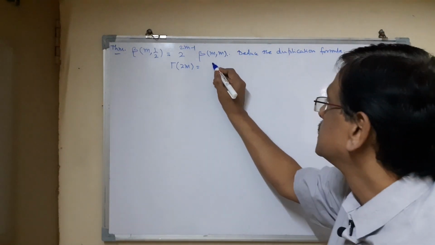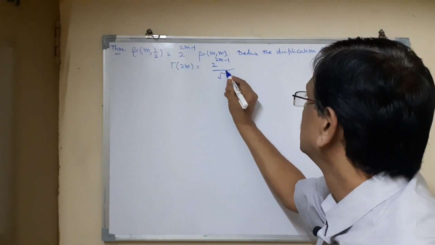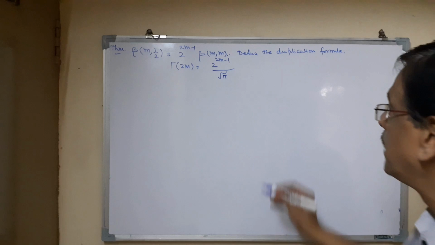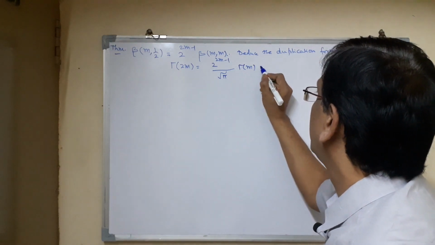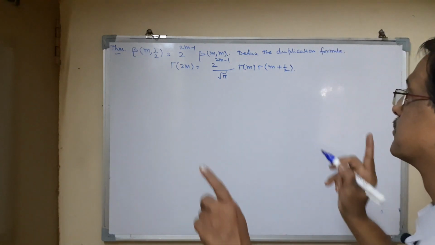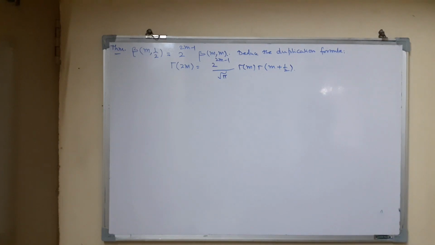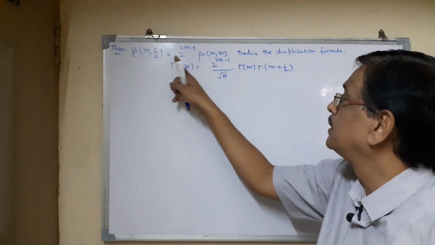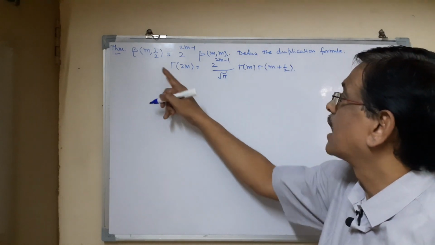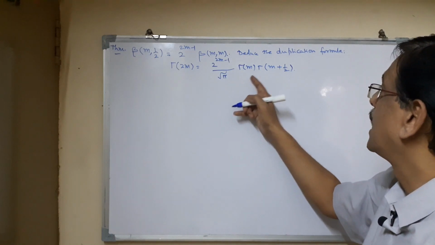So this is 2 power 2m minus 1 by root pi, and this is gamma m into gamma of m plus 1 by 2. Observe the theorem and the deduction from the theorem, which is called the duplication formula. Beta of m comma 1 by 2 is 2 power 2m minus 1 beta m comma m. From this, I want to get all in gamma. Gamma of 2m is 2 power 2m minus 1 by root pi into gamma m into gamma m plus half.